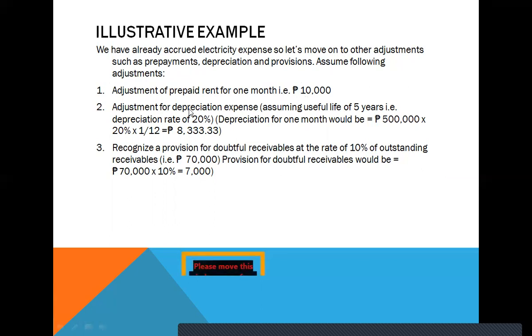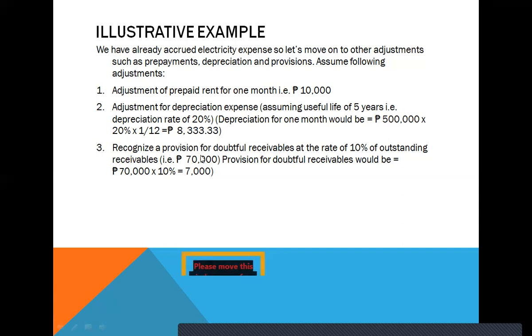Second, adjustment for depreciation expense. Assume a useful life of 5 years for the equipment and a depreciation rate of 20%. So the depreciation for 1 month would be 500,000 pesos times 20% times 1 over 12. That is equal to 8,333.33.